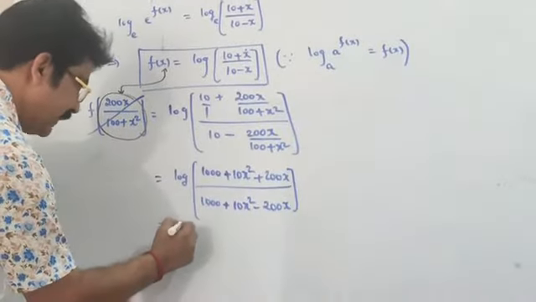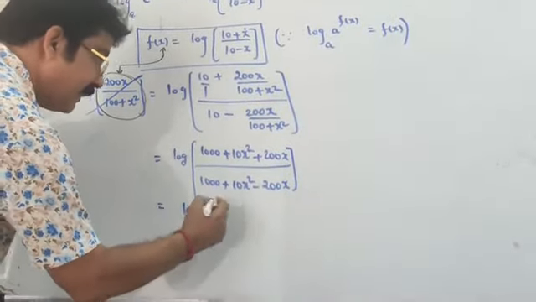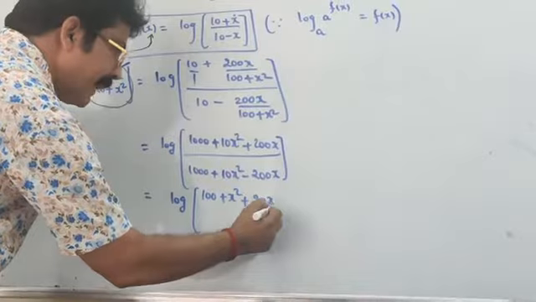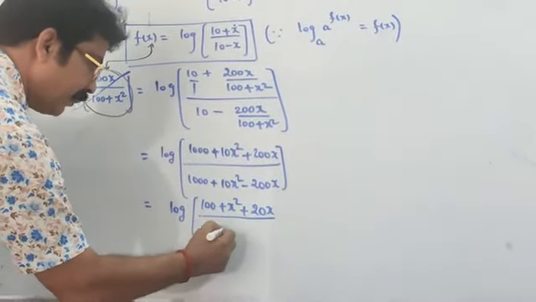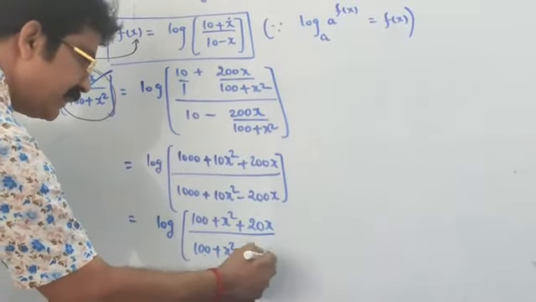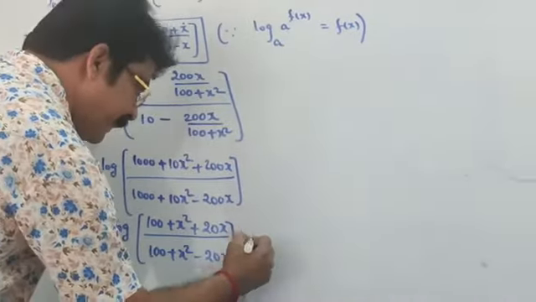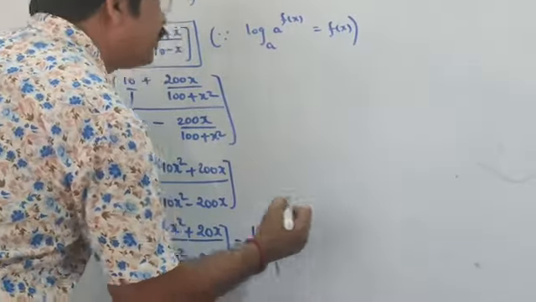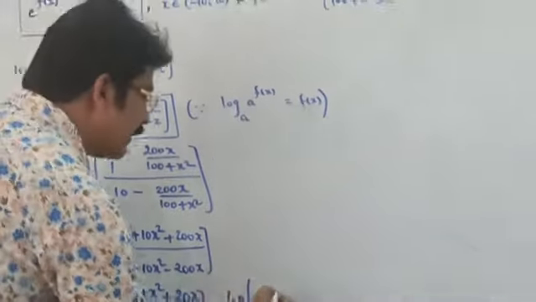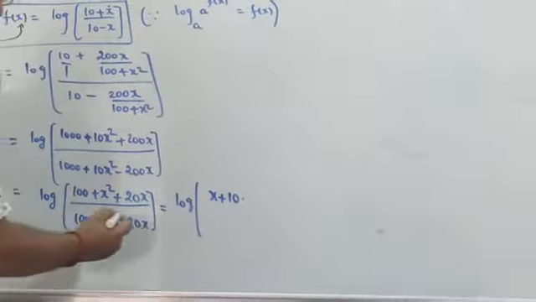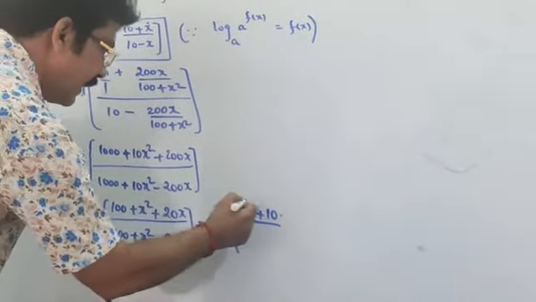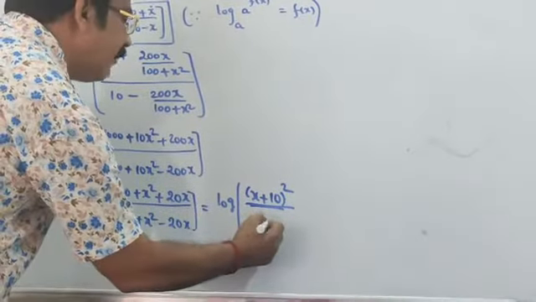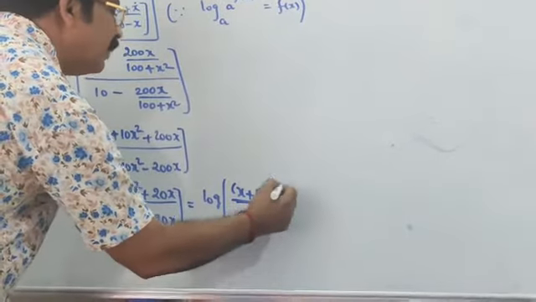Dividing by 10, it is nothing but 100 plus x square plus 20x divided by 100 plus x square minus 20x. So that is equal to the logarithm of x plus 10 whole square divided by x minus 10 whole square.